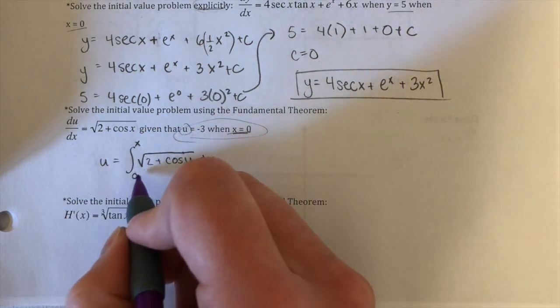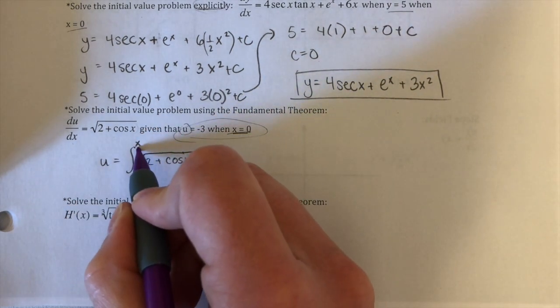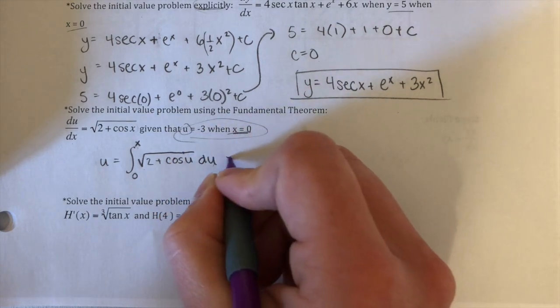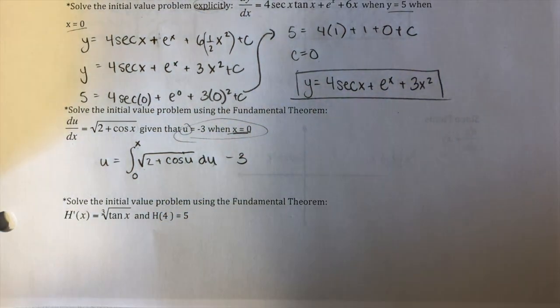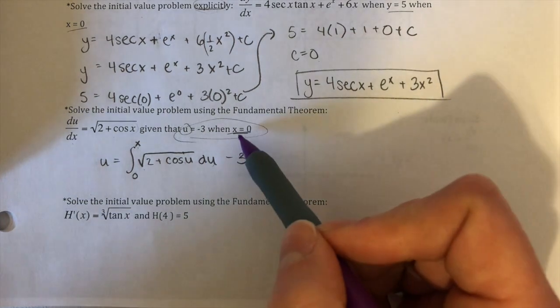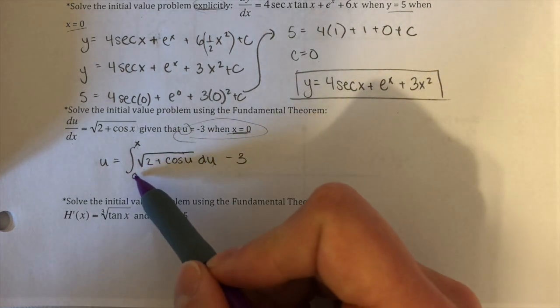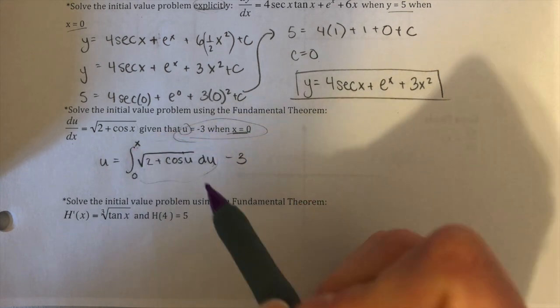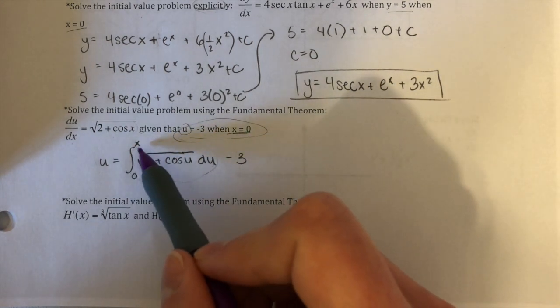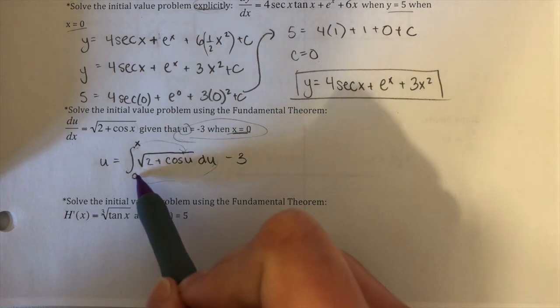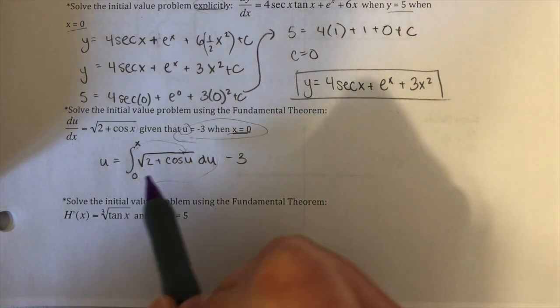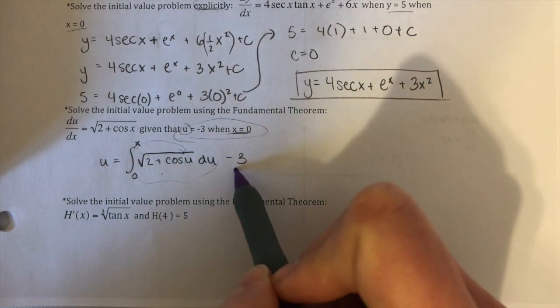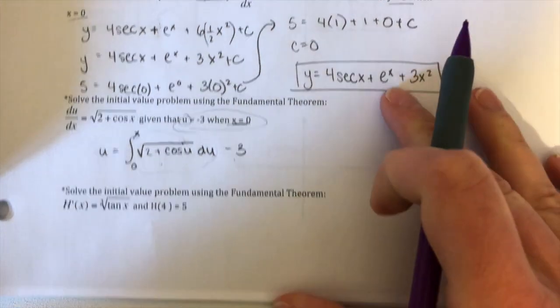So if u has to equal -3, if I plug a 0 in for x, it would have to be out here. Okay, so if I plugged a 0 in, I'd do the integral from 0 to 0. So this whole thing would cancel, even though normally if we were doing the derivative of it, we could just plug that x in. Because there's a 0 here and x is equal to 0, this whole thing cancels and u is equal to -3. So that's how we'd set that up.